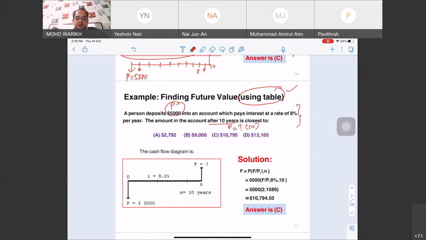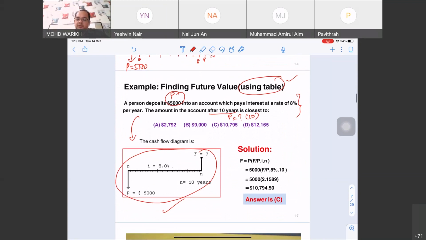So the same thing, you have to draw the cash flow diagram. Okay, this one. Then you know that we have to find the F, right? So F equals P, where P is given, F over P, i, N, right?